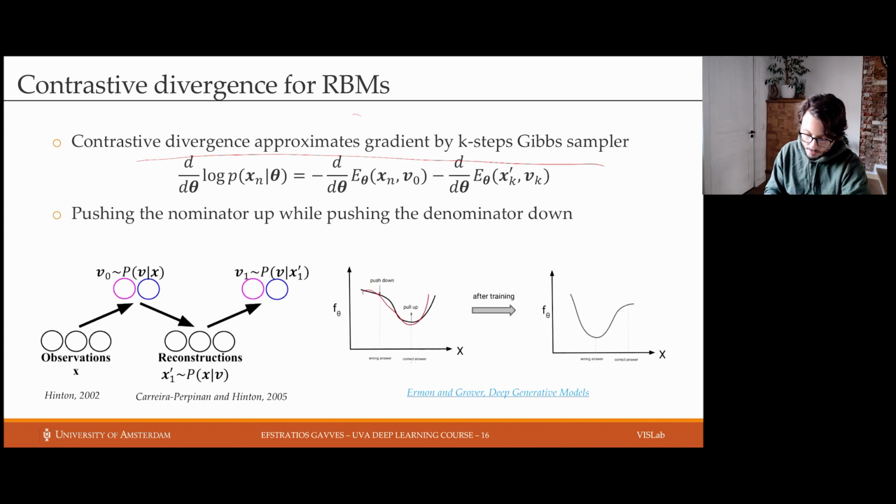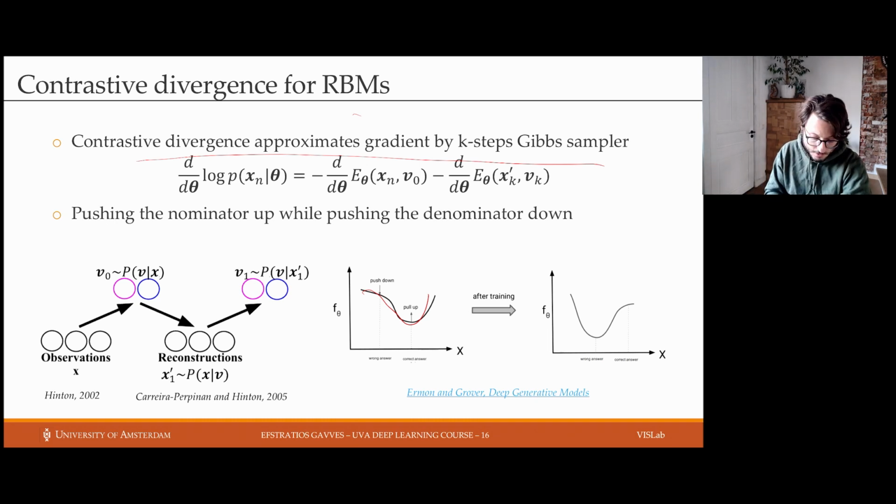In the end, it tries to push up the numerator of our PDF, the exponential of the energy, and push down the denominator. By doing so, it encourages the model to have higher accuracy.